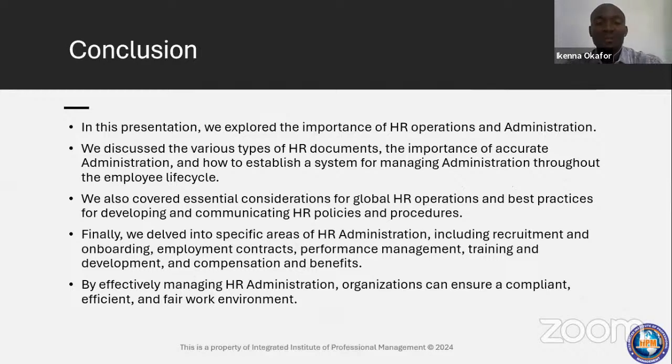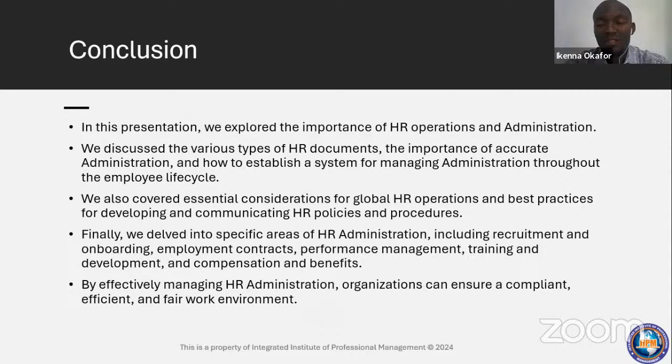In conclusion, in this presentation, we explored the importance of HR operations and documentation. We discussed the various types of HR documentation, the importance of accurate documentation, and how to establish a system of managing documentation throughout the employee life cycle. We also covered essential considerations for global HR operations and best practices for developing and communicating HR policies.